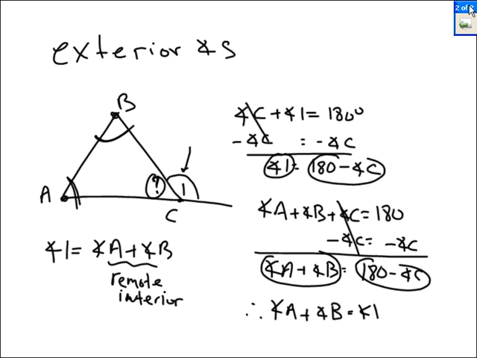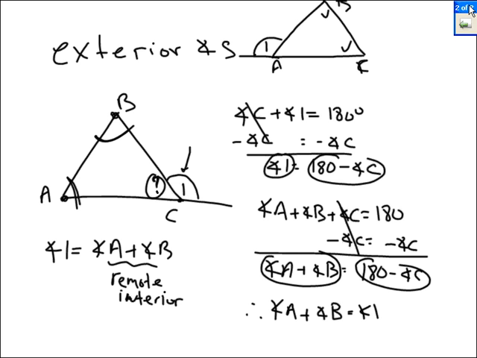Now, just to be very clear, if we, A, B, C, let's label it the same way, if we extended the line that way, then this angle 1 would have angle B and angle C as the remote interior.